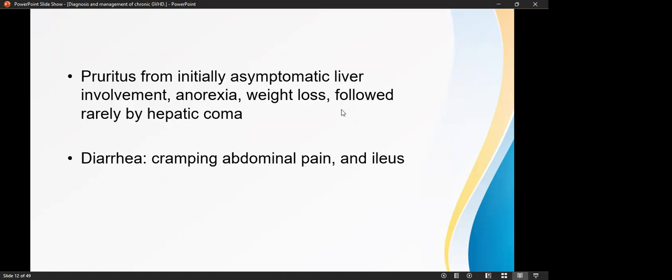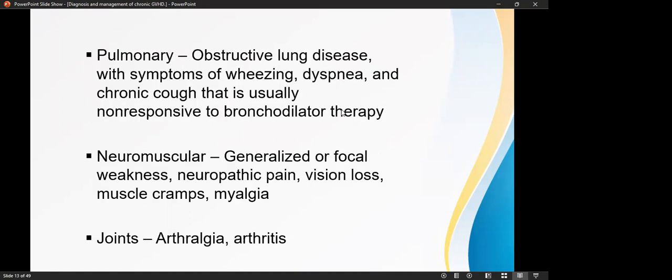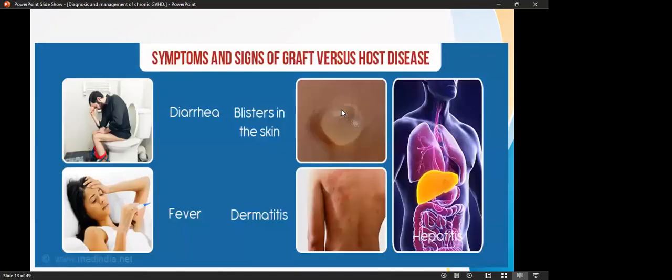Diarrhea, and pulmonary obstructive lung disease with symptoms of wheezing, dyspnea, and chronic cough that is usually non responsive to bronchodilator therapy. Neuromuscular: generalized or facial weakness, neuropathic pain, vision loss, muscle cramps, or in the joints, arthritis. From this picture you can see that.